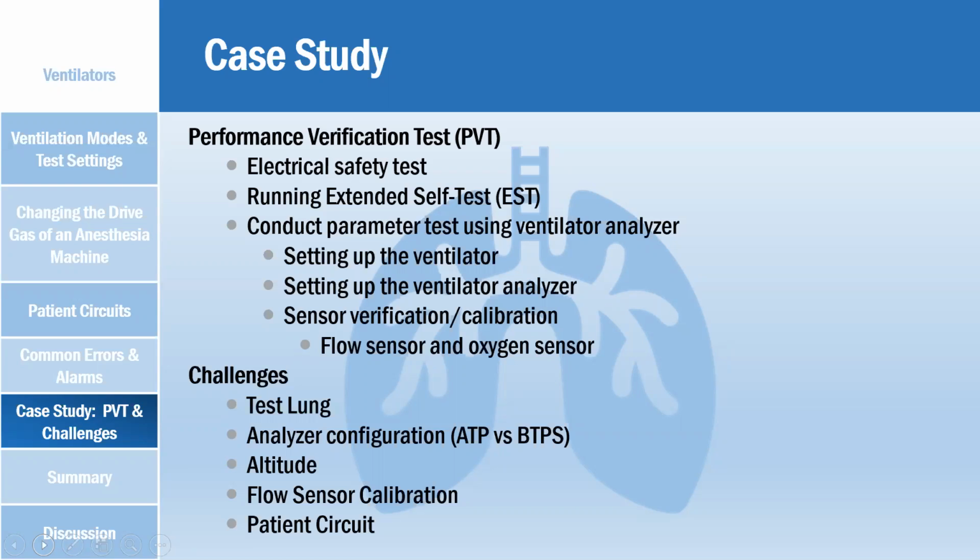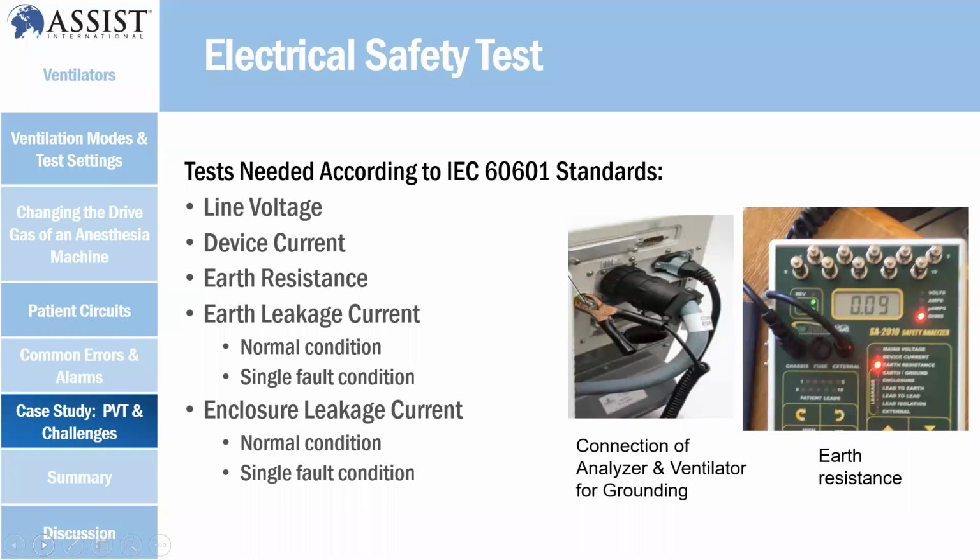When you set all these, the ventilator understands that when altitude changes, it is going to perform according to that altitude. Flow sensor calibration is another challenge that you need to know. And the patient circuit is also very important. So these are challenges that you're going to see, or things that they went through in Ethiopia.